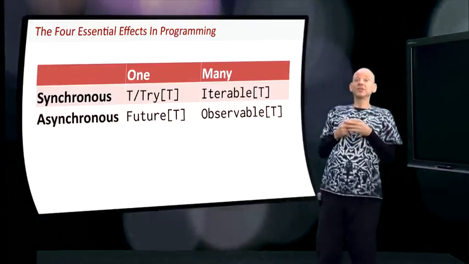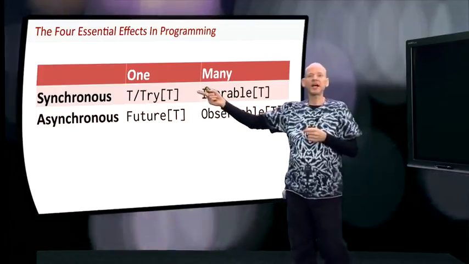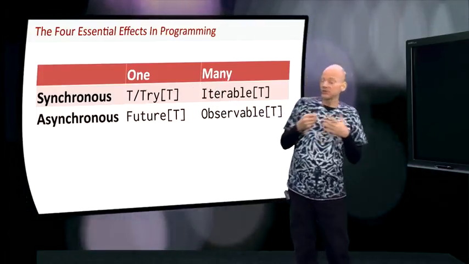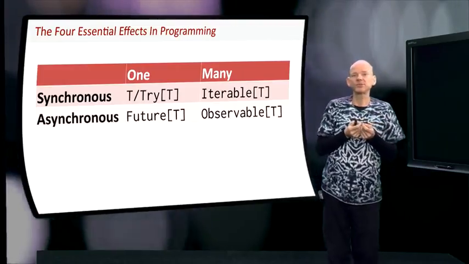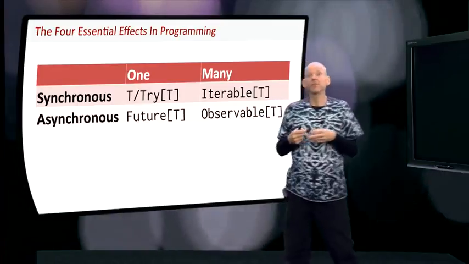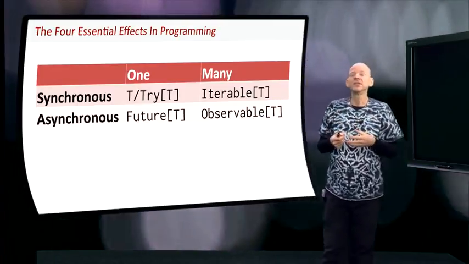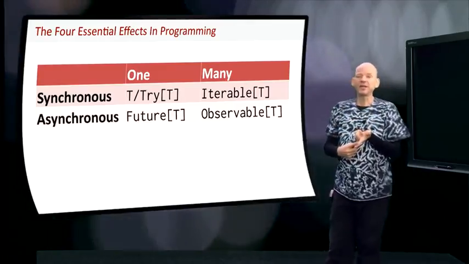All right, so now we have seen all four effects. We started out with Try of T to make clear that a computation could fail. Then we moved on to futures, which is a monad, an effect that tells you that a computation takes time and can fail.